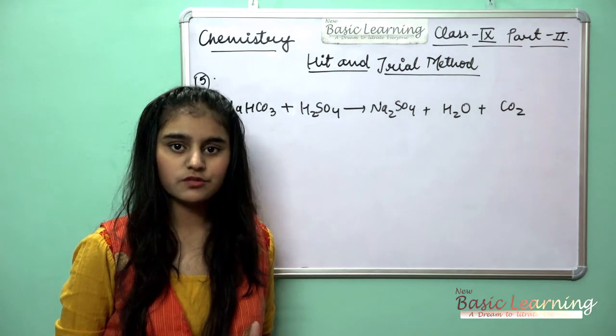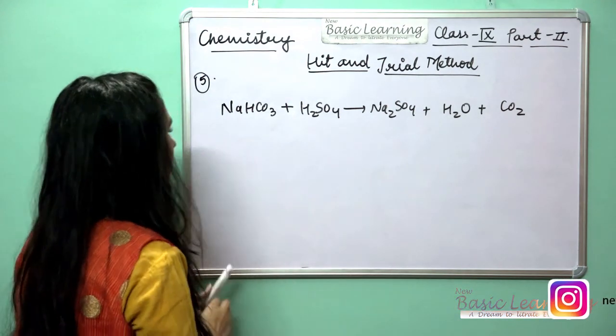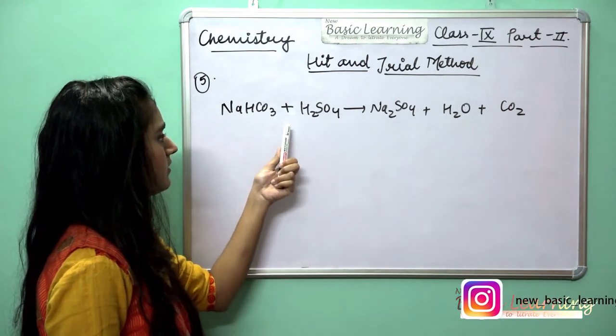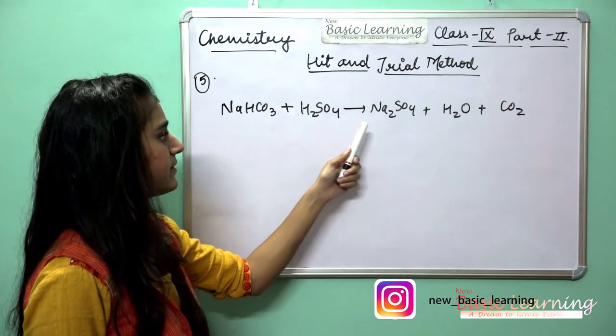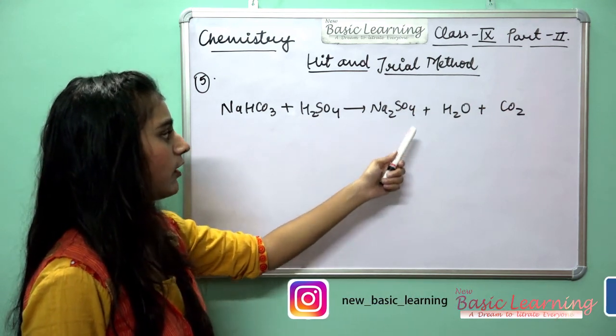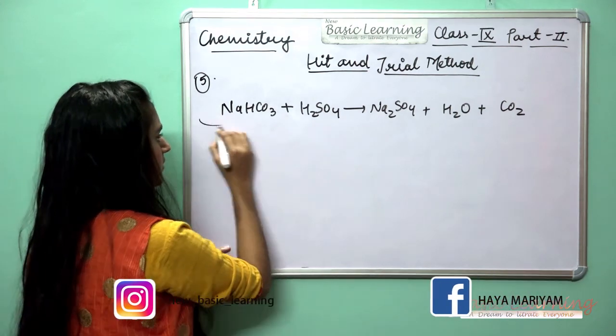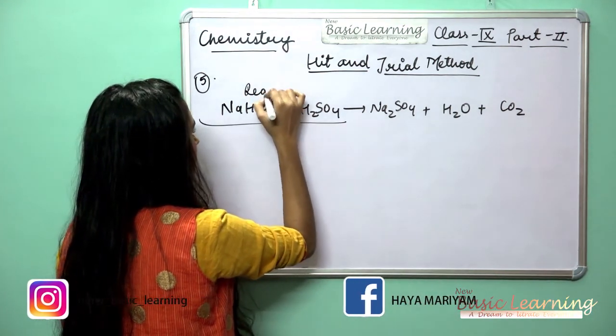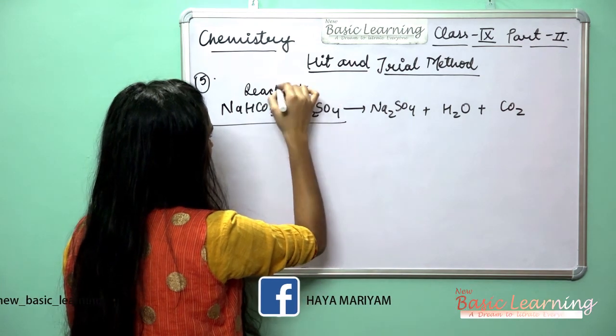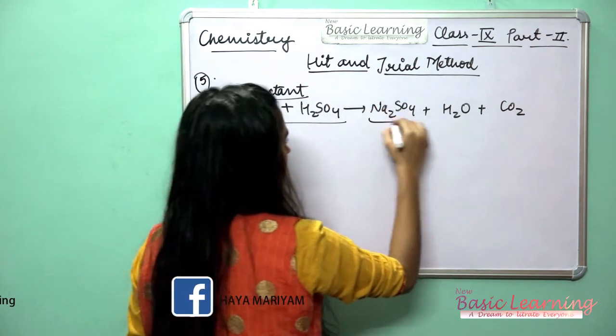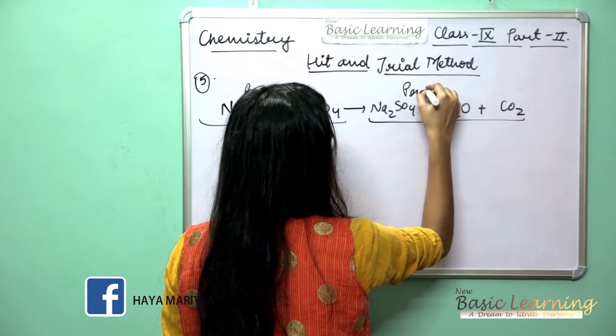Now the last question for the hit and trial method is NaHCO3 plus H2SO4 gives Na2SO4 plus H2O plus CO2. So let us write this. This is the reactant and this was the product.